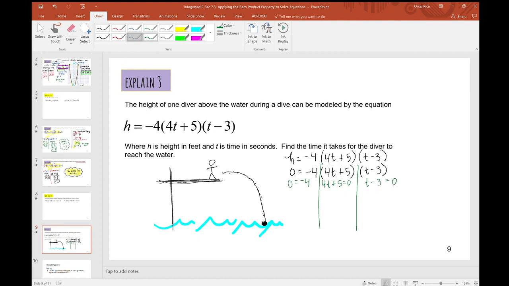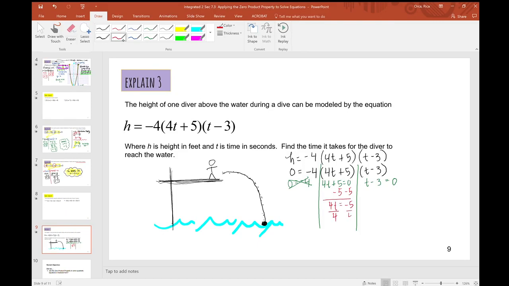In our first equation, 0 equals -4. We don't have a variable, therefore we can't solve for t. Go ahead and cross that out. In our second equation, we have 4t plus 5 equals 0. To solve for t, we're going to subtract 5 from both sides. That's 4t equals -5.